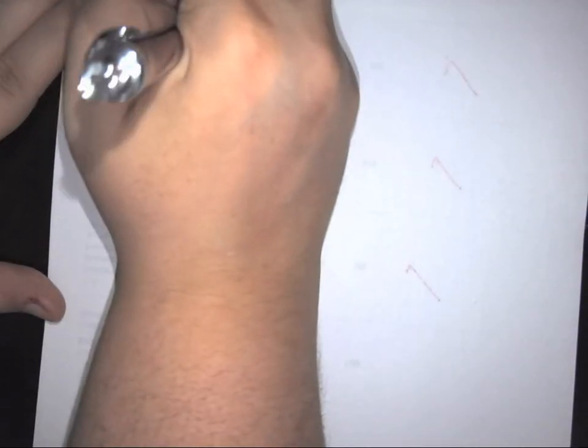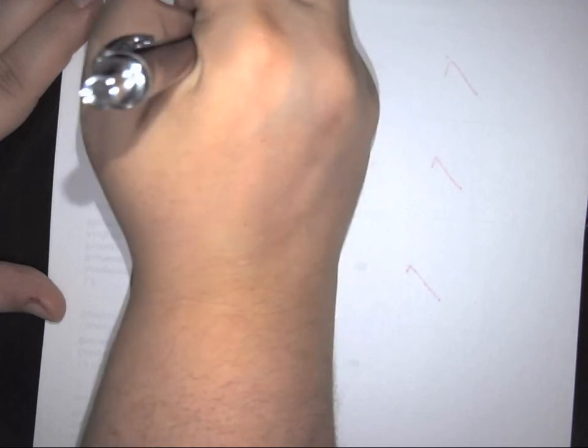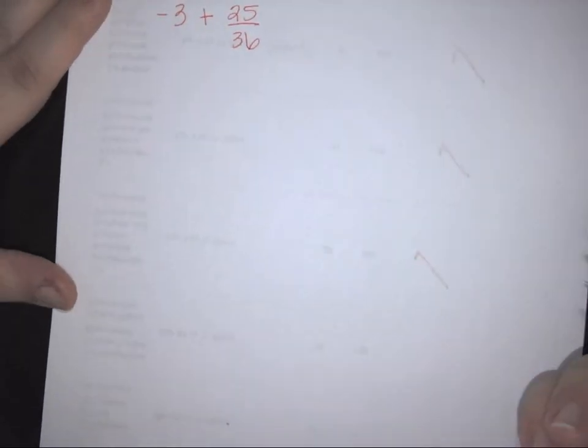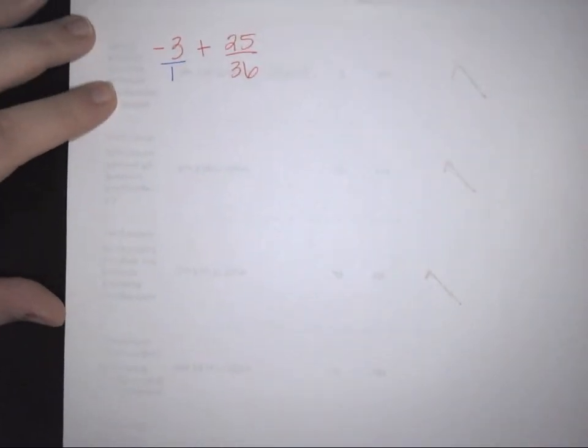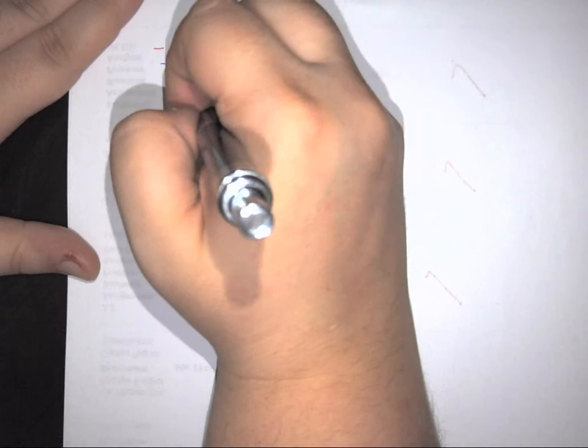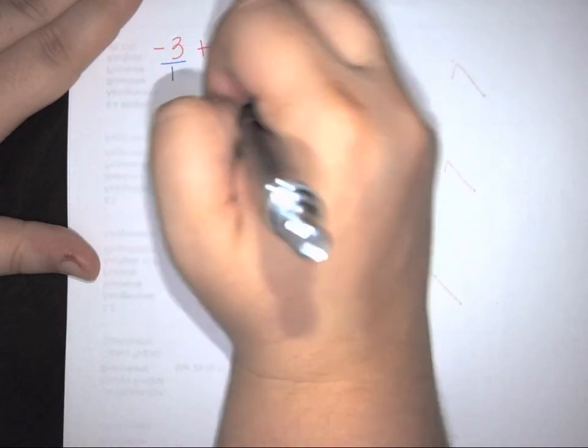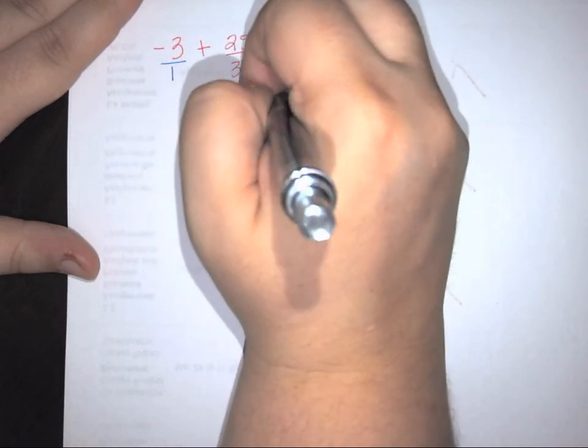So let's look at what we have here: negative 3 plus 25/36. One of the things we have to remember is that any whole number is the same as that number over 1. So I need to find my least common multiple, which in this case is going to be 36.